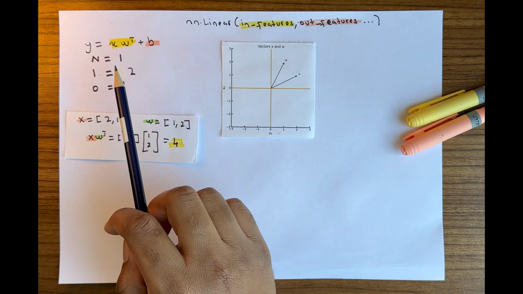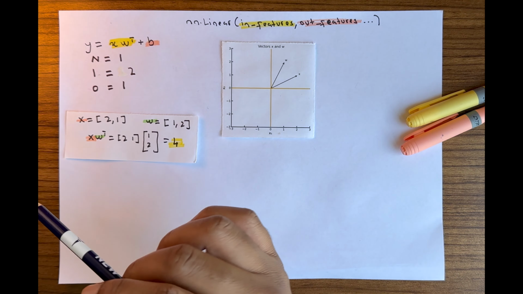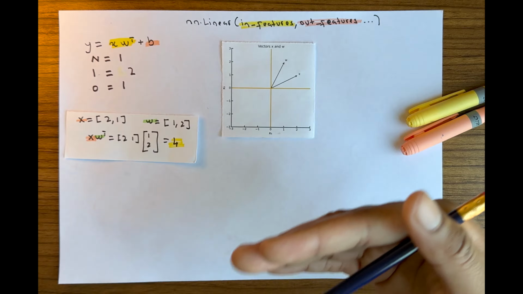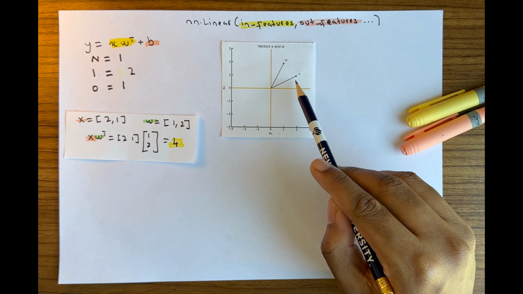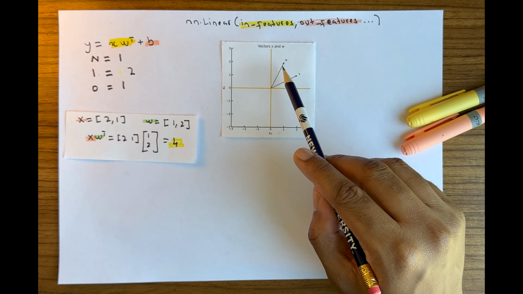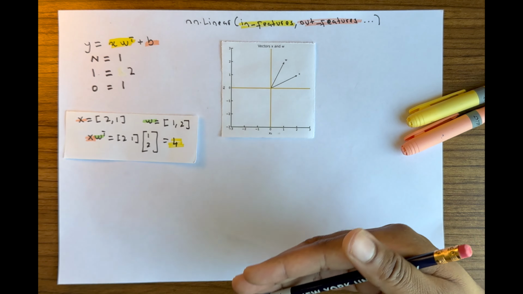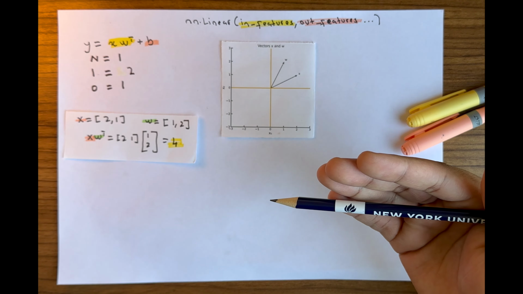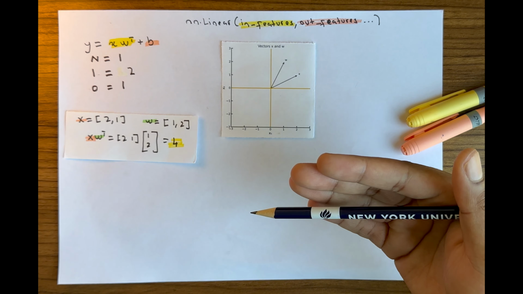So when we compute that X times W, we are essentially asking in geometric language, how much does this X point in the same direction as W? That is the geometric meaning of multiplication in a neural network. So essentially, multiplication is measuring alignment.